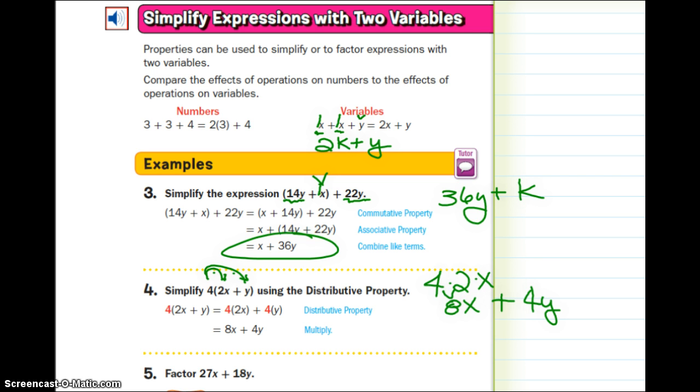So in the end, I have 8x plus 4y. I can't do anything else with this because I've got x's and I've got y's. I don't know what the value is of either one, so I can't simplify further, and I certainly can't solve because I don't know what each of these variables are worth.